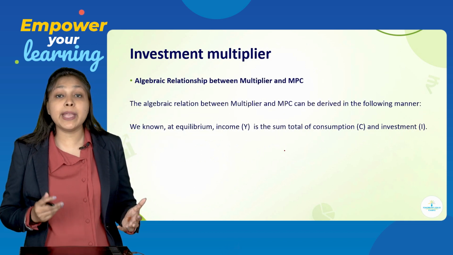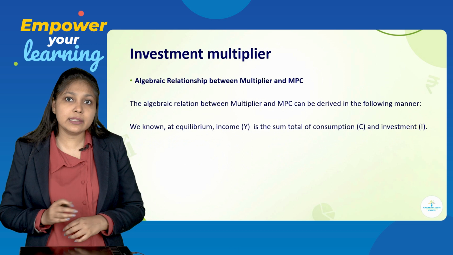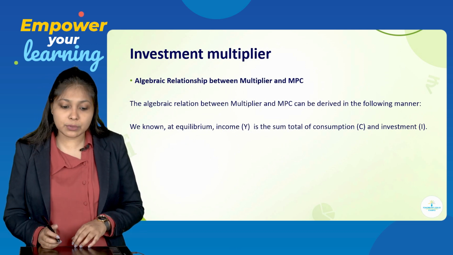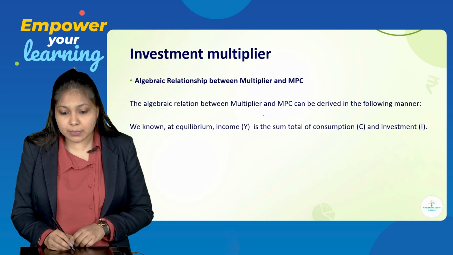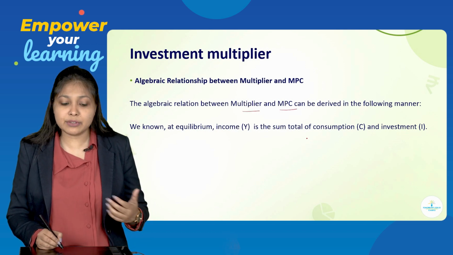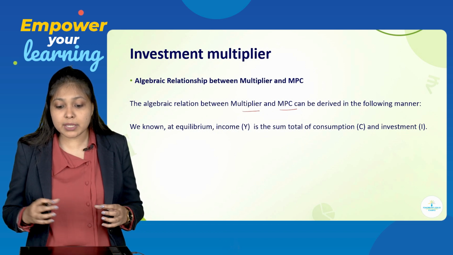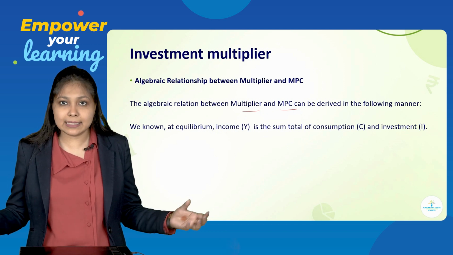Now, if I want to algebraically or symbolically represent the relationship between multiplier and MPC, how can I do that? The algebraic relation between multiplier and MPC can be derived in the following manner. We know that at equilibrium, income is the sum total of consumption and investment.